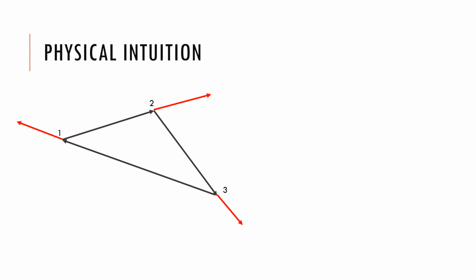So in effect, if you're only focusing on the direction, you make this amount of angle turn, and then another amount of angle turn, and then another angle turn at point 3. Since we're forming a complete loop, you can deduce that the sum of external angles must be 360 degrees.